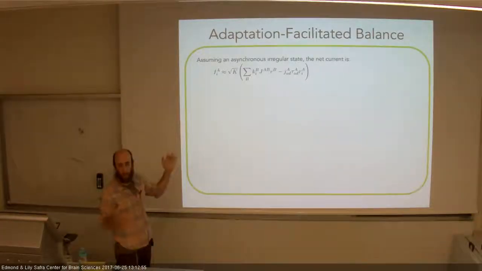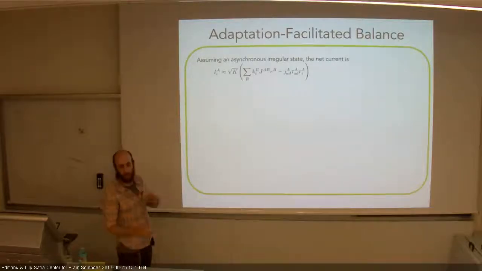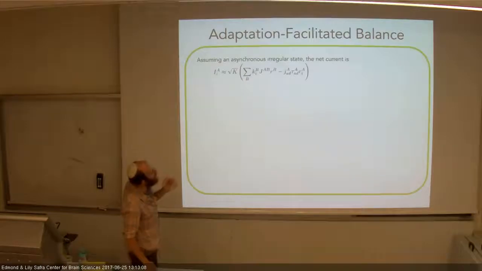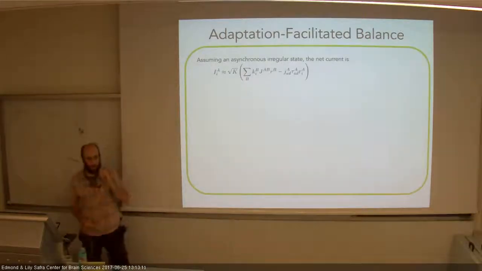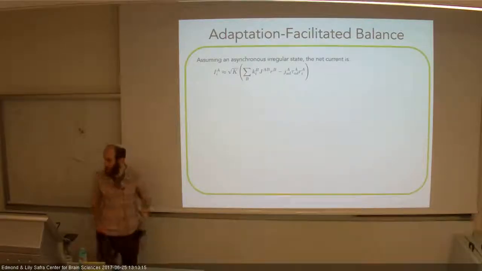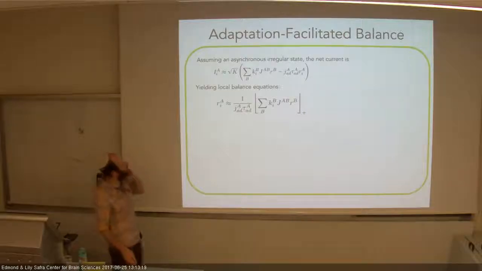And now we want balance to happen locally. That means that we want the net term to be order 1, meaning inside the parentheses, we need that to effectively be small. In the large k limit, we need that to be 0. So we can look at that term inside the parentheses and solve for the balance condition, which gives us a local balance equation for each cell, and it can be solved very easily for each cell's firing rate.